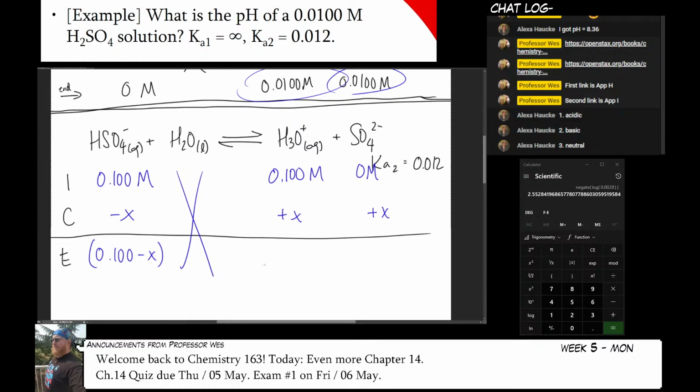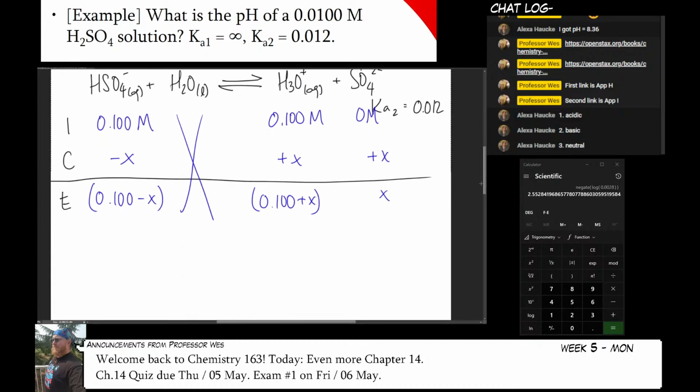there's my reactants, there's my products, and you can see that my expression will get a little bit more complicated here. So, no more x squared on the top here.